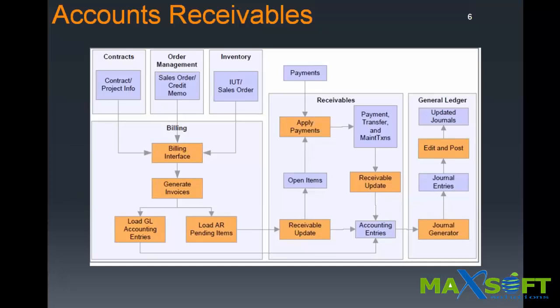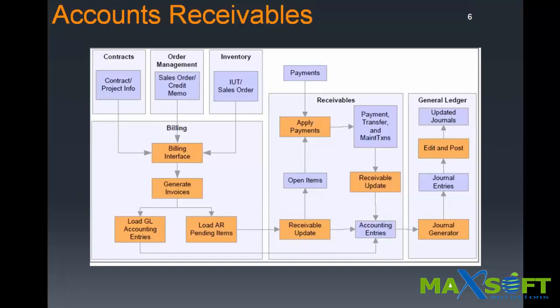Once the invoice is generated, you load it into AR. Once these items are loaded into AR, they are called pending items. When you run the AR update process, pending items will be converted into items, that is, open items. Then you can apply the payments against the open items.